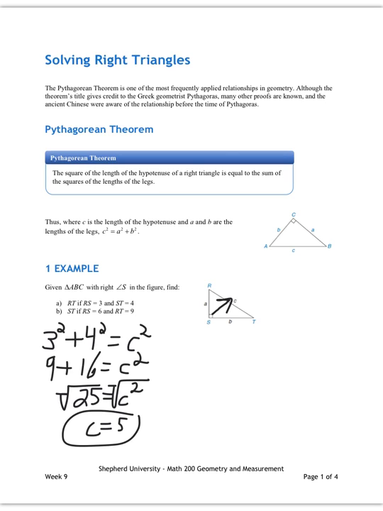For the next one, we're going to locate what the B value is, the ST side. RS is given as 6, and RT is 9. So it's important to note that the 9 side, the RT side, is the hypotenuse, which means when you set this up, I'll have 6 squared plus the unknown B squared equals 9 squared.